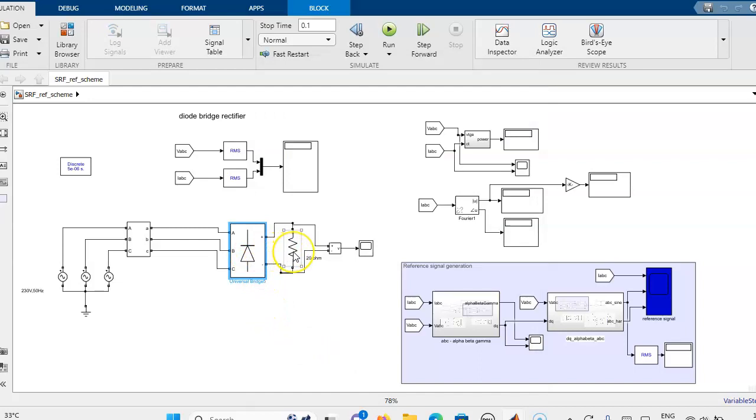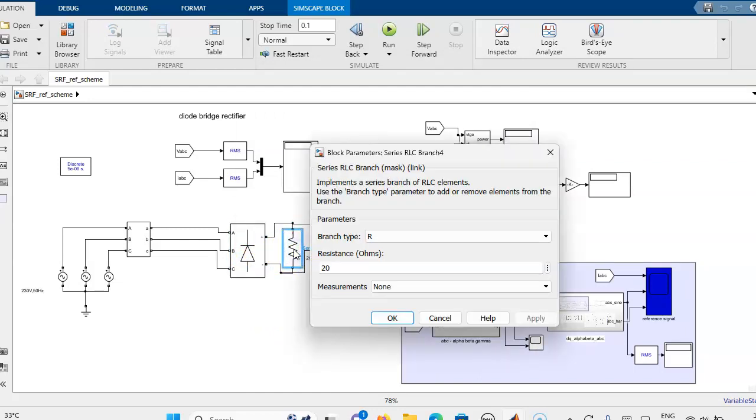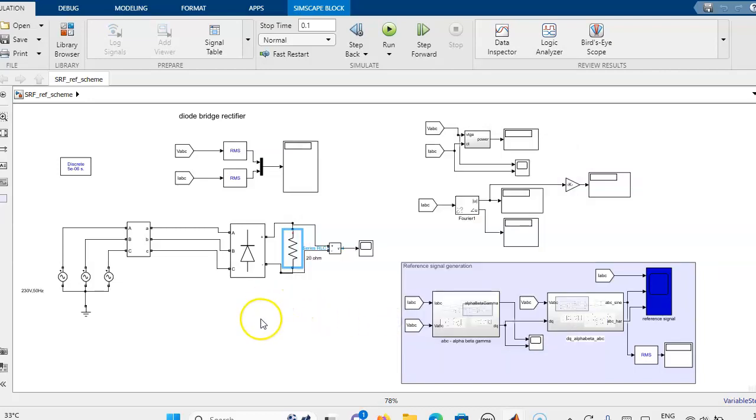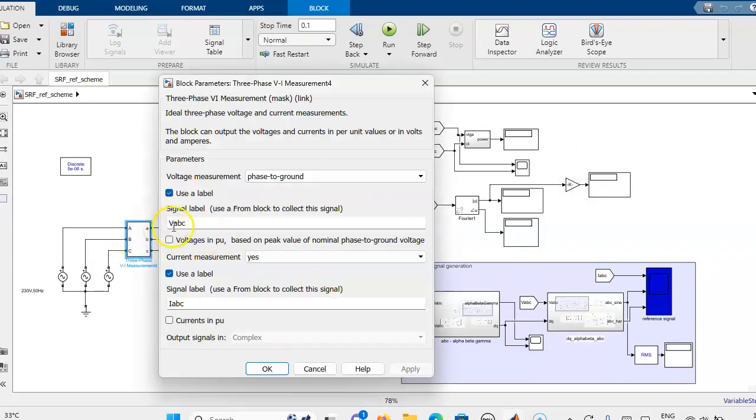Then on the DC side I have connected a resistance of 20 ohm, pure resistance, using the series RLC branch. I have selected only R with the resistance of 20 ohm. Then for this voltage current measurement I have taken the signal labels as VABC and IABC.